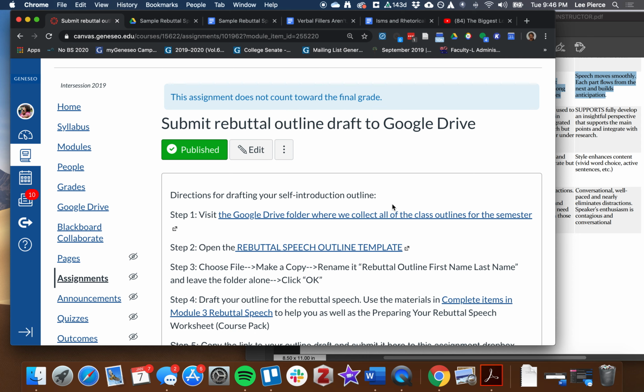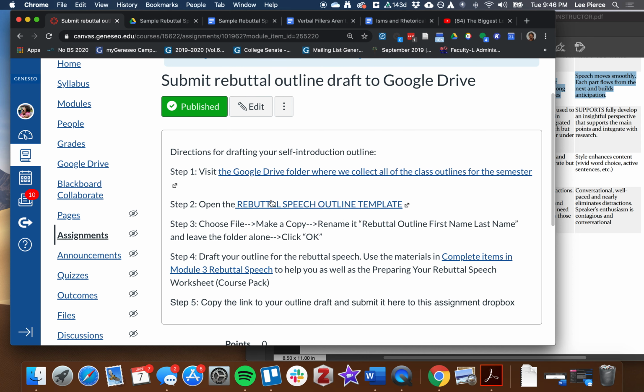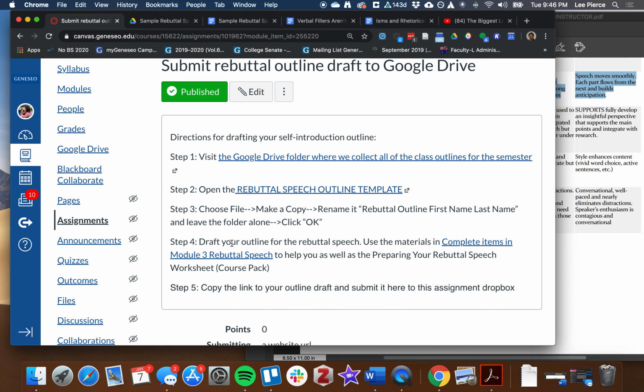It's not graded. You will see that there is a rebuttal speech outline template there. And so you're going to visit the Google Drive folder, you're going to choose file, you're going to make a copy, right, the whole shebang. Then you're going to draft your outline for the rebuttal speech, and then you're going to copy the link to your draft, and you're going to put it here. So it's a 2-step process, right? You got to create the outline, and then you also have to put it in the assignment Dropbox.